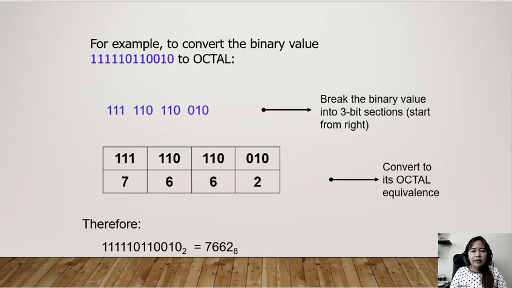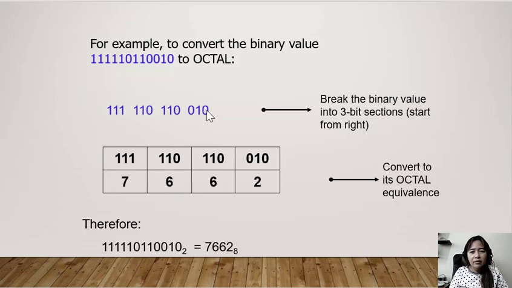Let's start with the problem 1111110110010. This is in binary form, so we group them into 3 digits starting from the right side.